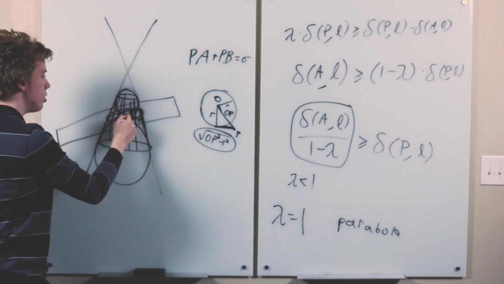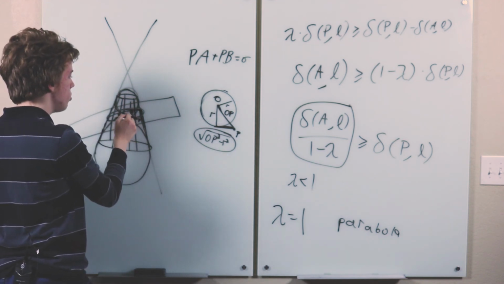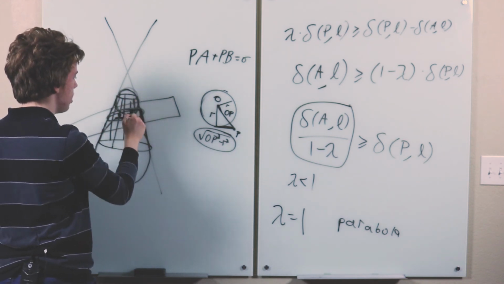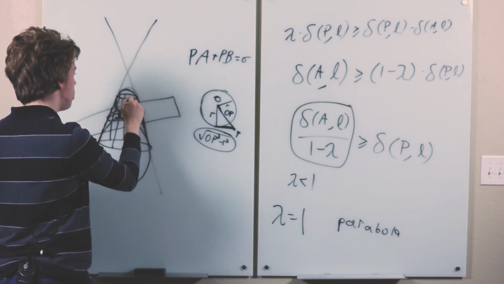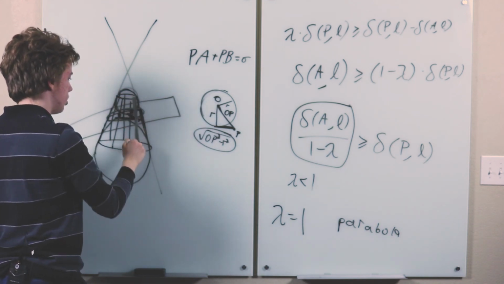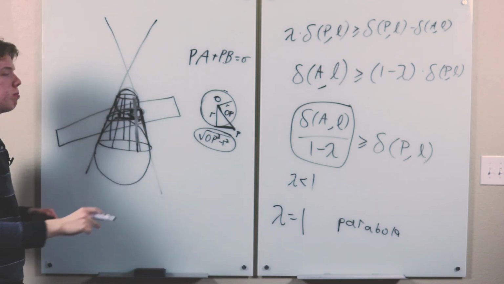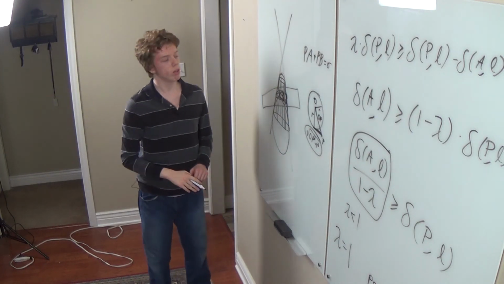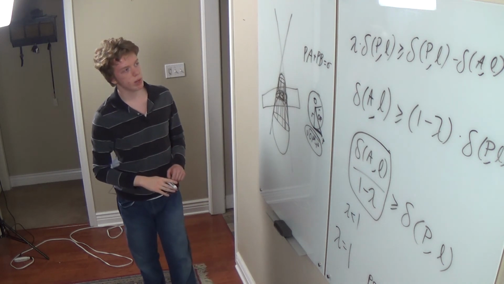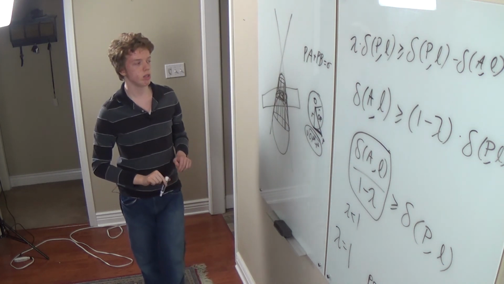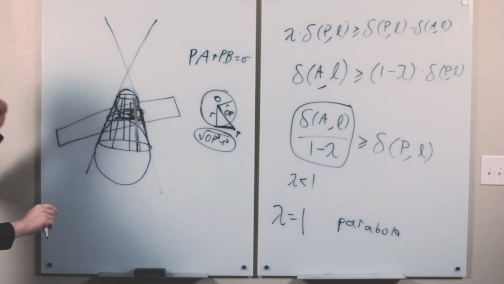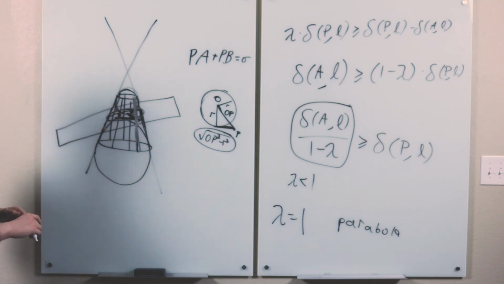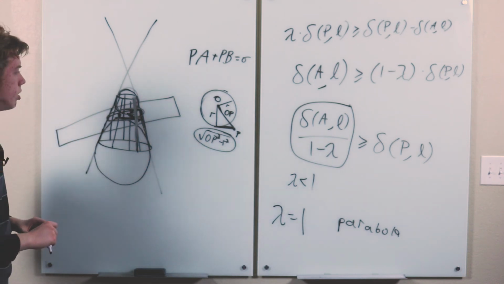But now, PA plus PB, these two line segments go together to make this plus this, which is this segment, which is constant no matter where we put P. And so this is where we get this nice explanation for the foci of an ellipse.